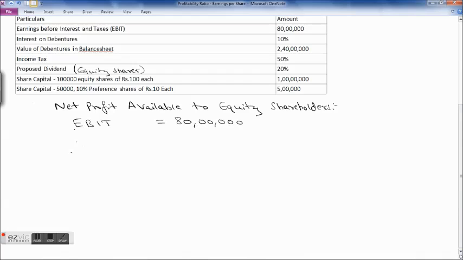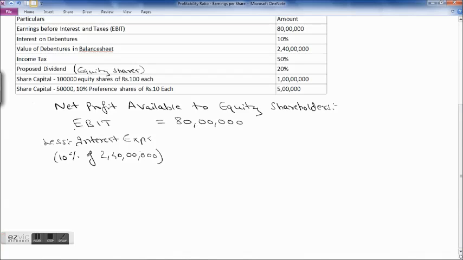Now we have to reduce interest. Since interest is an allowable expense for the purpose of income tax, first we'll reduce the interest expense. How much is the interest expense? The interest on debentures is 10%, so 10% of 2 crore 40 lakh.